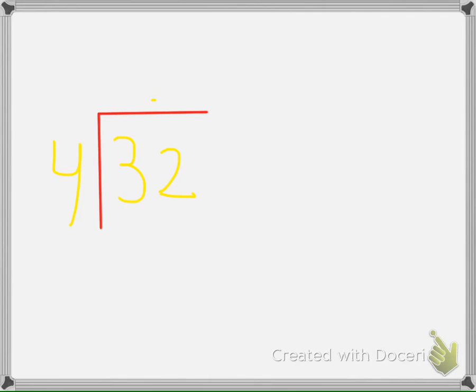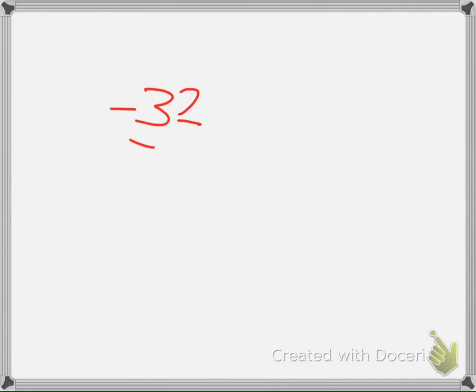So you would put the 8 up there, and then you would put the 32 down here, because 8 times 4 equals 32. Then you would subtract that, and 32 minus 32 would equal 0. That means there would be 0 remainders, and your answer would be 8.